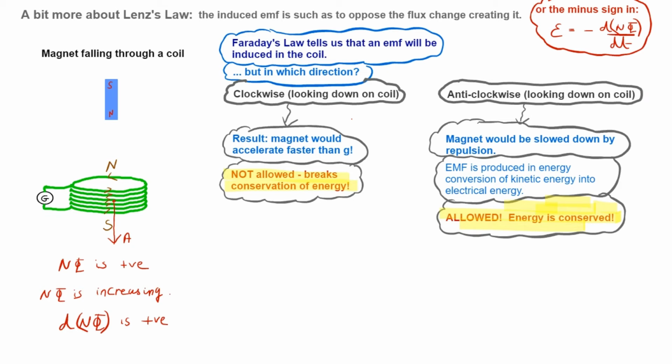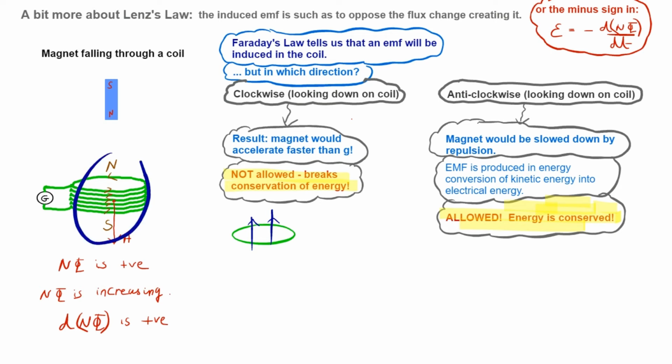So let's have a look. Here's a quick version of that coil as just one loop. If it becomes north at the top and south at the bottom, then we know that the flux is in an upward direction. And so now we can see that is going to slightly cancel out this increasing positive flux, because this is a negative flux. So it's got to produce a negative flux linkage.